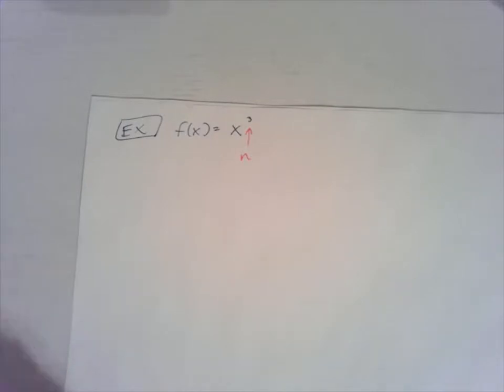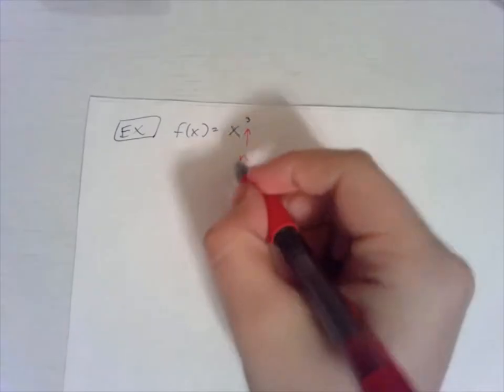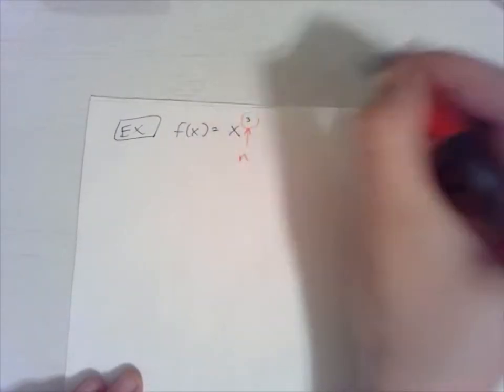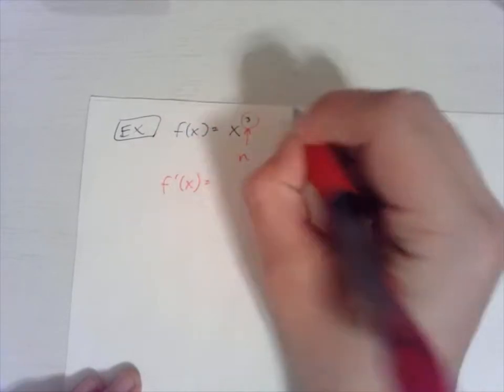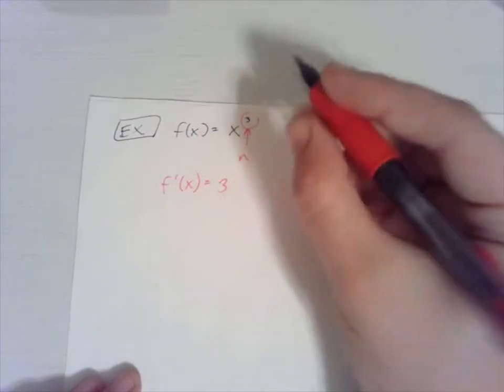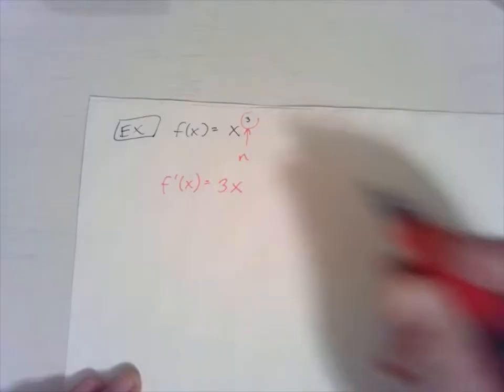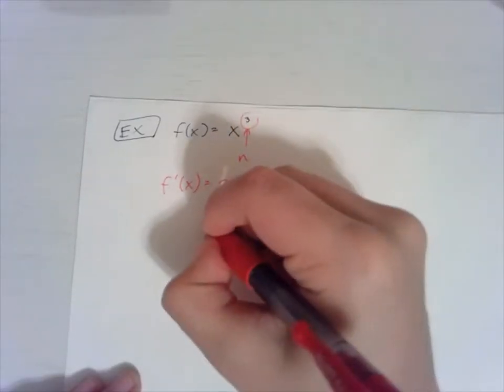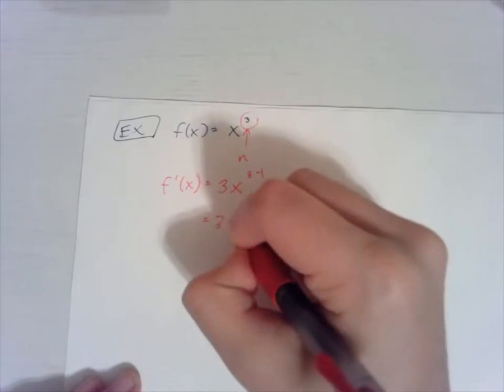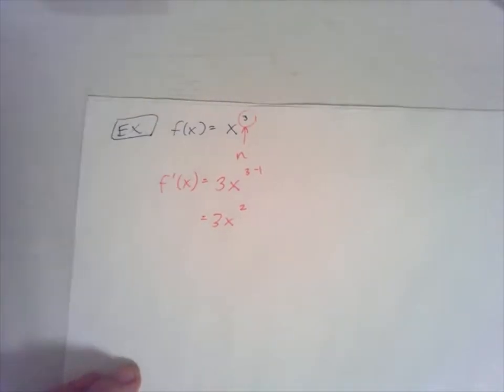When we put that into our power rule, we take that n value, and we can say f prime of x equals that n value, 3, times x to the n minus 1, which is 3 minus 1, which ends up being 3x squared.